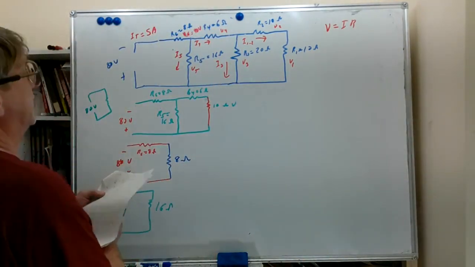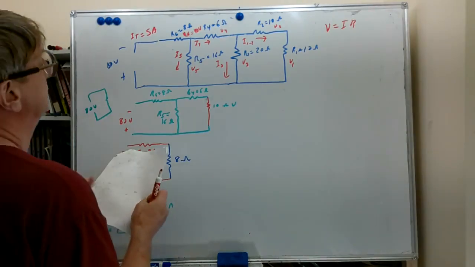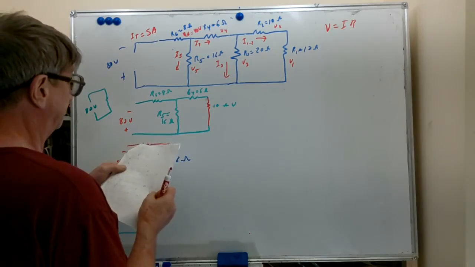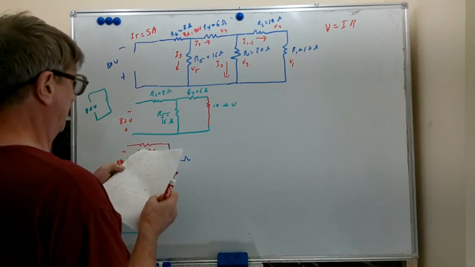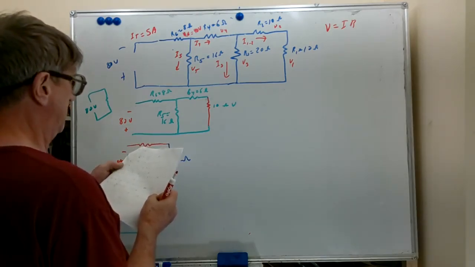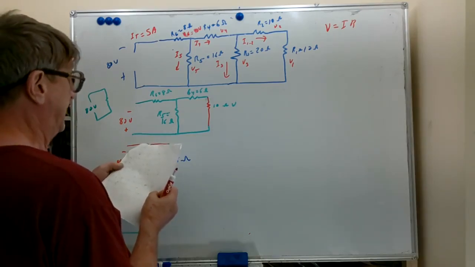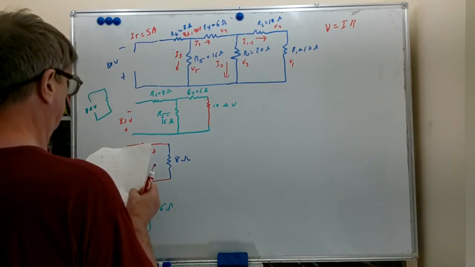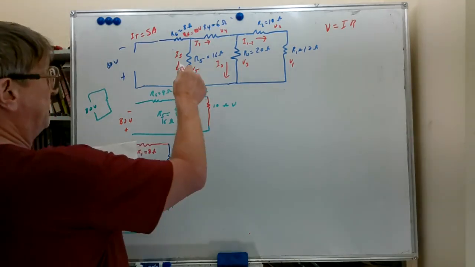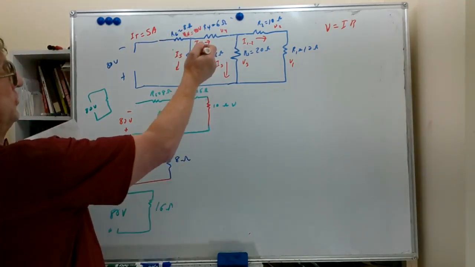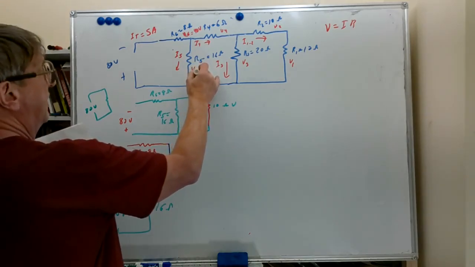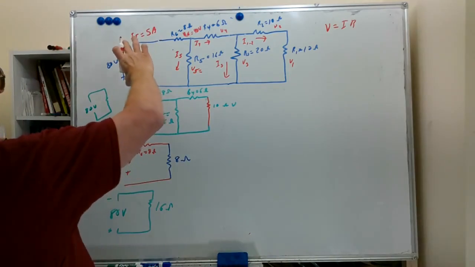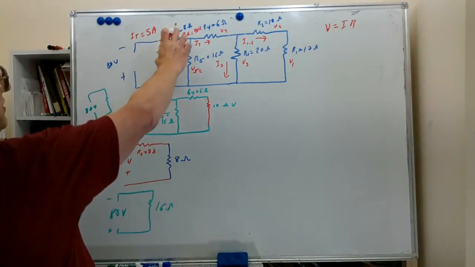What's the next thing we want to calculate? Well, let's determine V5, the voltage 5. So we have our applied voltage, a voltage here, and a voltage here.